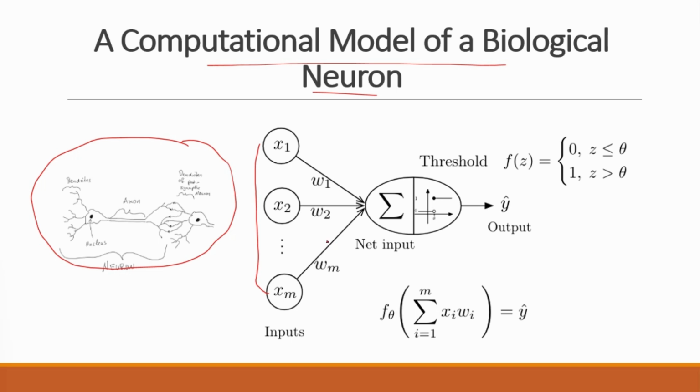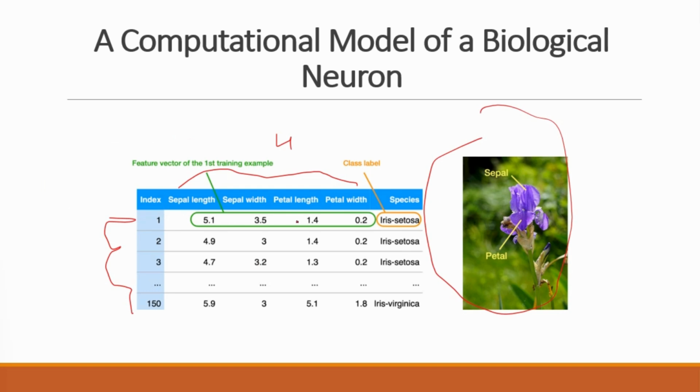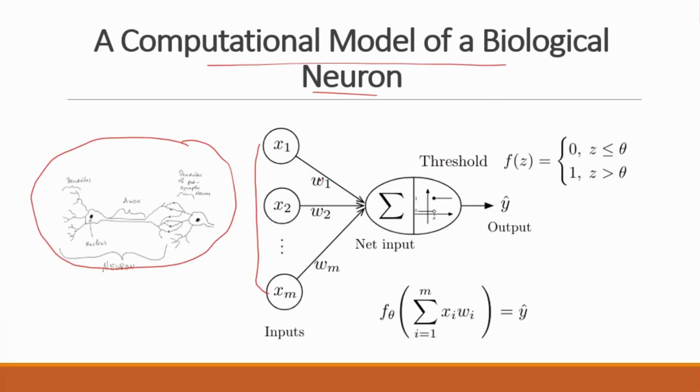You can really think of it as a feature vector, for example, a feature vector corresponding to the first training example. Each feature value gets multiplied by a weight. So you can see each x here goes together with a weight, and they are multiplied to compute the so-called net input, the weighted sum.